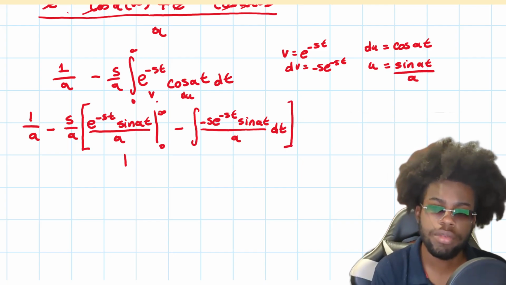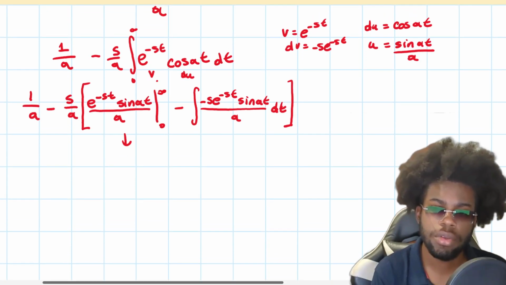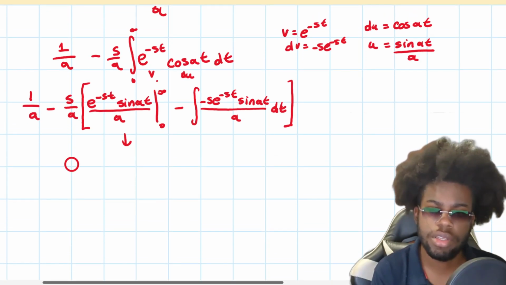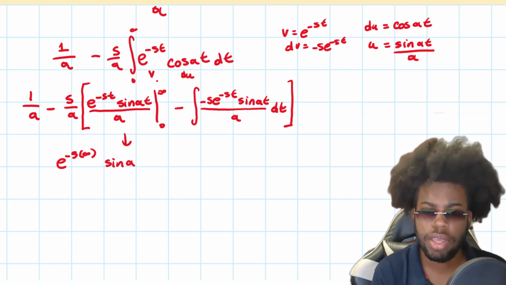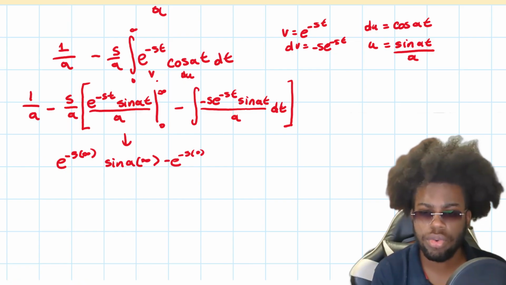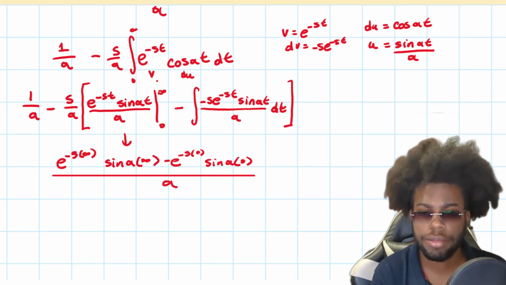Lovely. Let's fill in these limits here. This is going to be e to the minus s infinity sine a infinity minus e to the minus s0 sine a0 all over a.